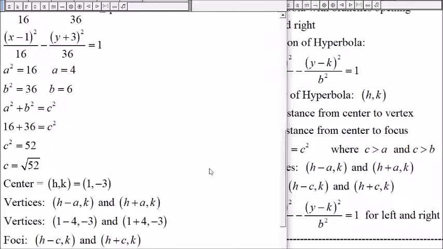And if we look back at the equation, we can see this is x. This standard equation right here, standard form, we have x minus y.